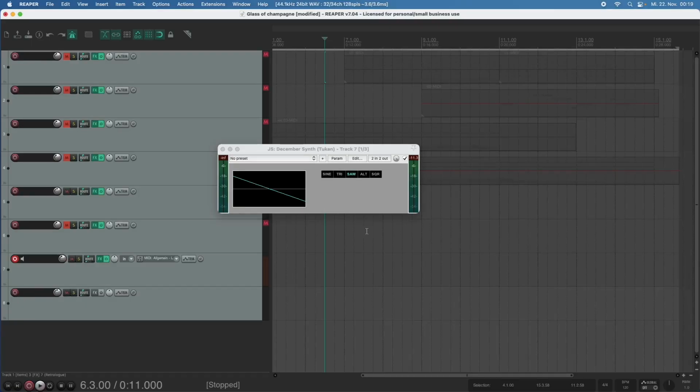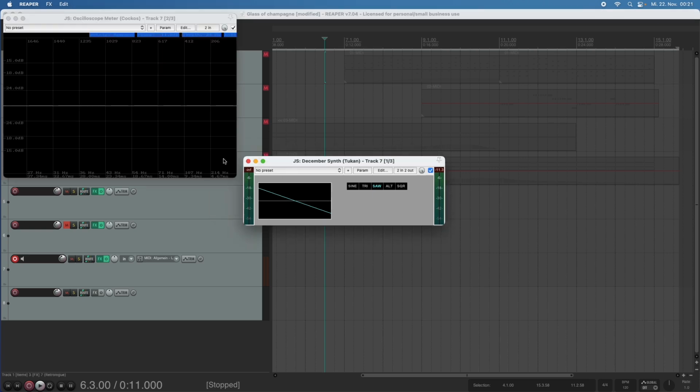So we start with something very simple, and this is what we call an oscillator. An oscillator is a thing that constantly plays back a certain shape at a certain frequency. And what we see here is the so-called sawtooth shape. And if I now bring in an oscilloscope and I play a note on my keyboard, you can see in the oscilloscope that this represents this shape.